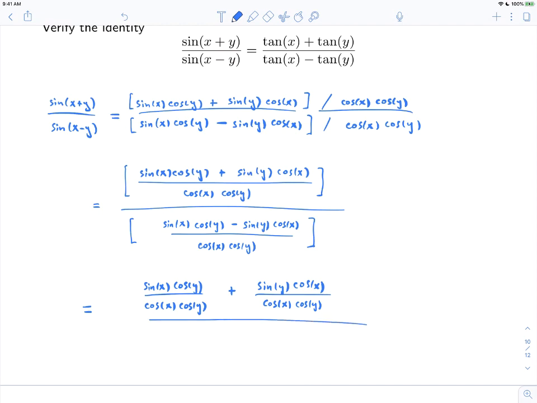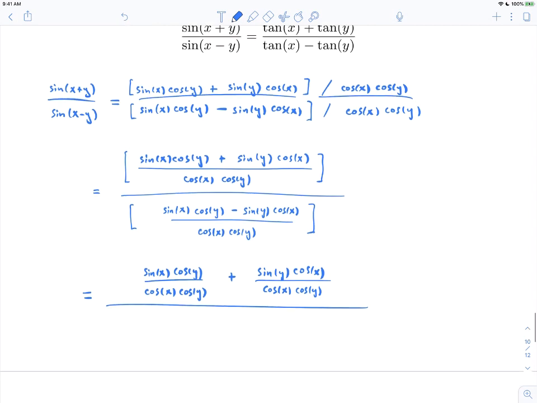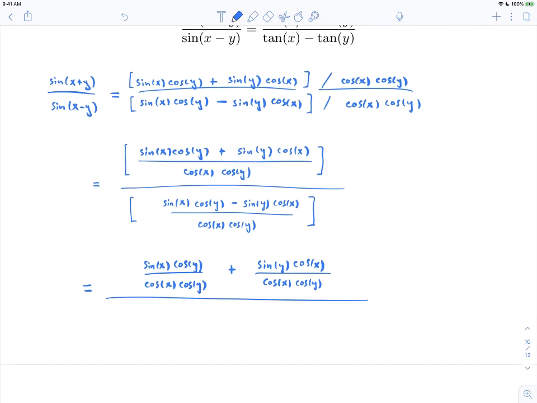And all of this is going to be divided by this denominator. So I'm going to put that in the denominator, but again, I'm going to break it up into two. So this is sine of x cosine of y divided by cosine of x cosine of y, minus sine of y cosine of x divided by cosine of x cosine of y.